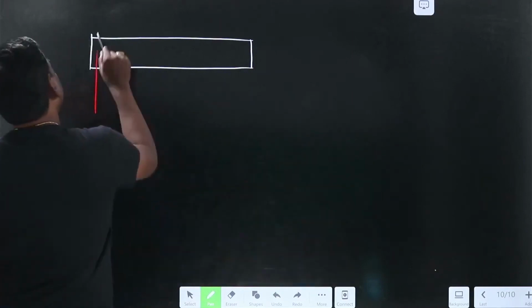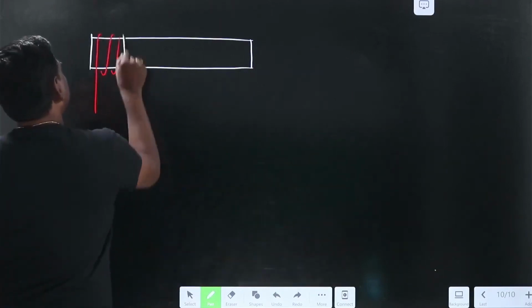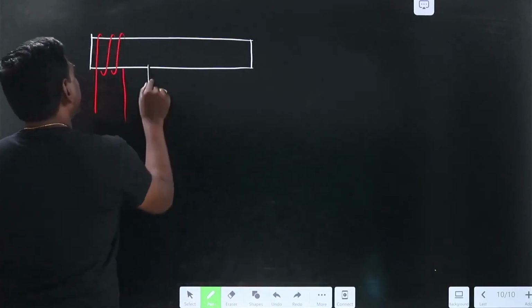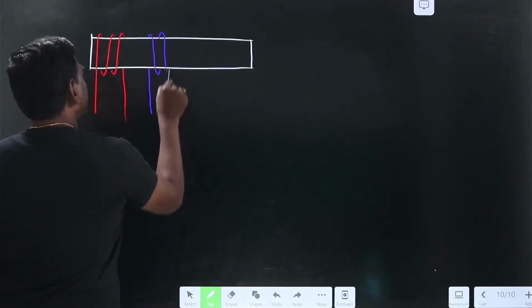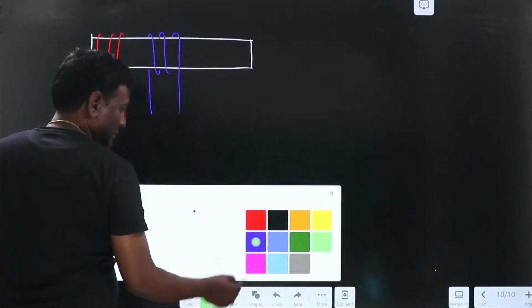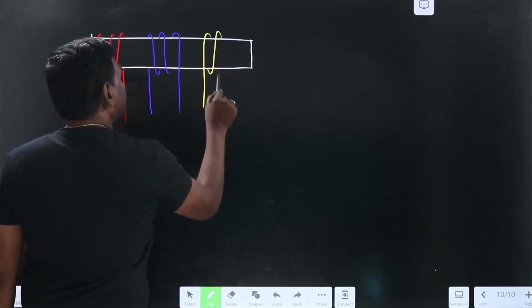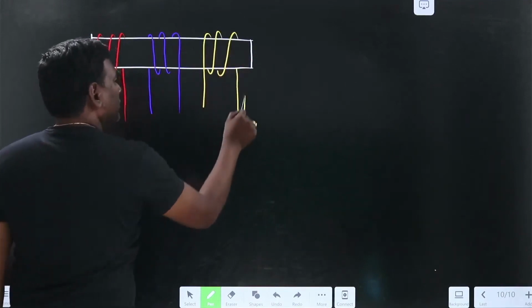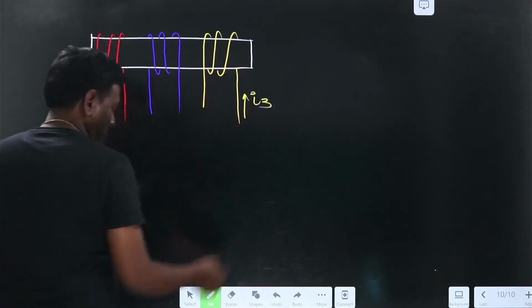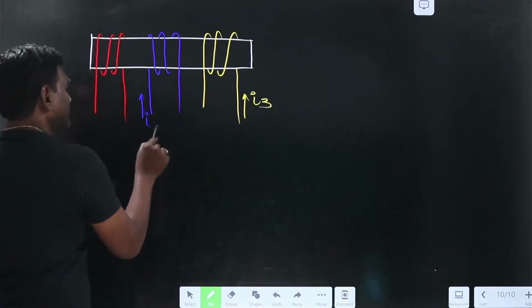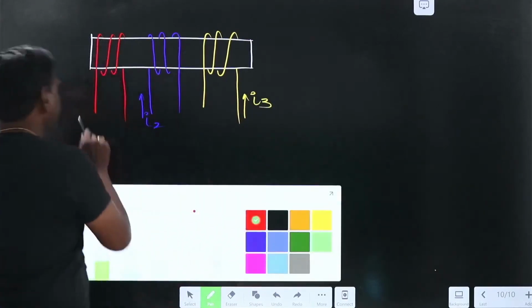Now, red, after that blue, and after that yellow. Yellow current is like this, blue current is like this, and red current is like this.